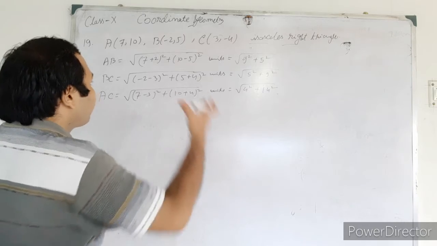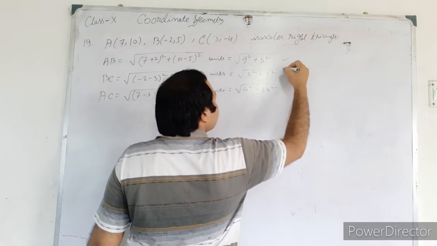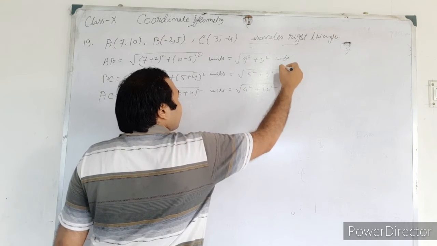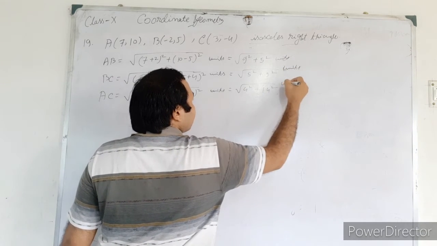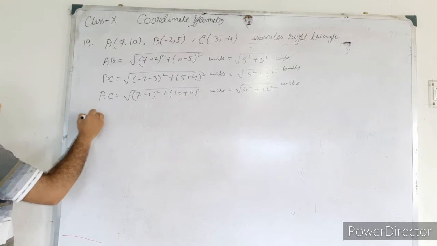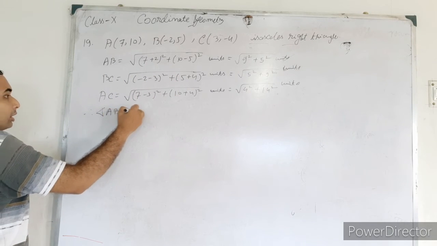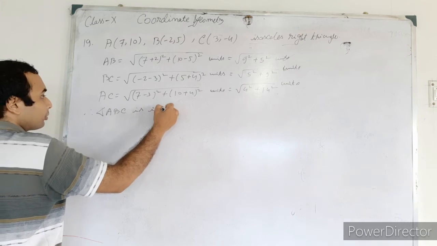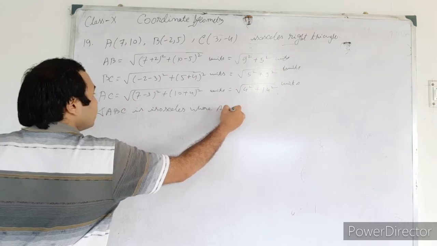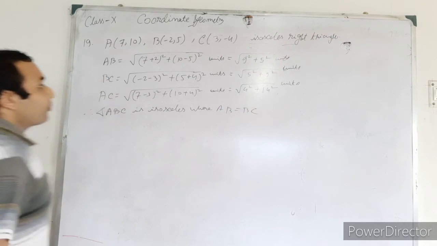Just see, from here only we can say that those two distances are equal. So obviously this triangle is isosceles. So triangle ABC is isosceles where AB equals BC.